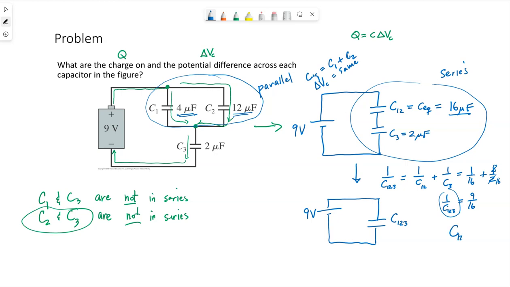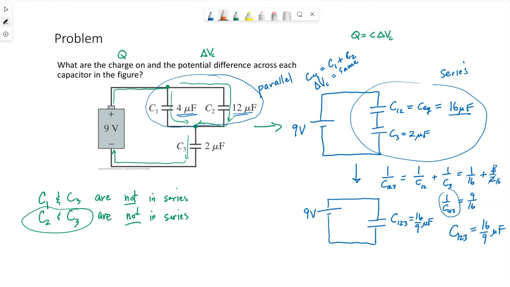So C123 is our equivalent capacitance now that we're down to one capacitor. I'm going to leave it as the fraction because I can see that they are giving us a 9-volt battery, so things will cancel nicely.